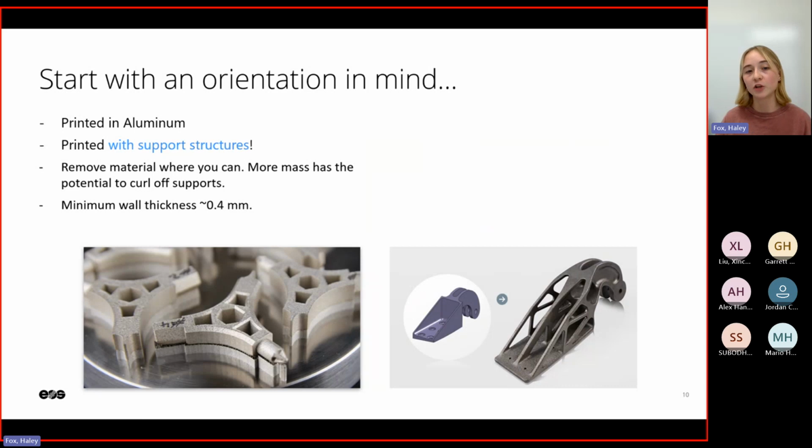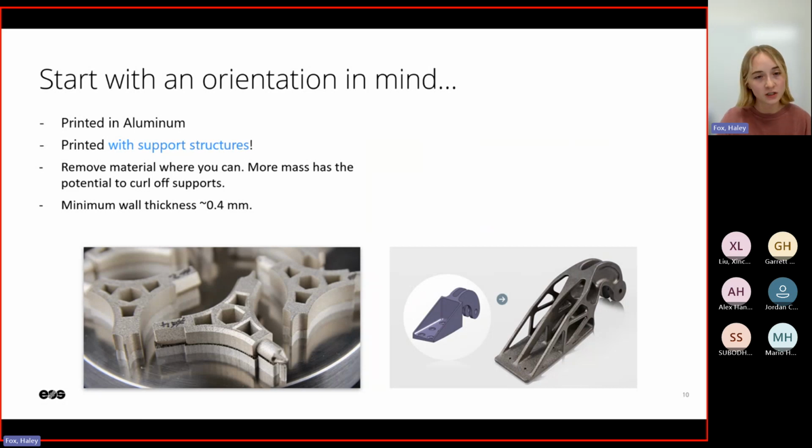Then we're removing material where we can, especially because of the support structure. If there is a large amount of material there, as you can see on this bottom left image, the part is actually lifting up on the sides where the supports are.